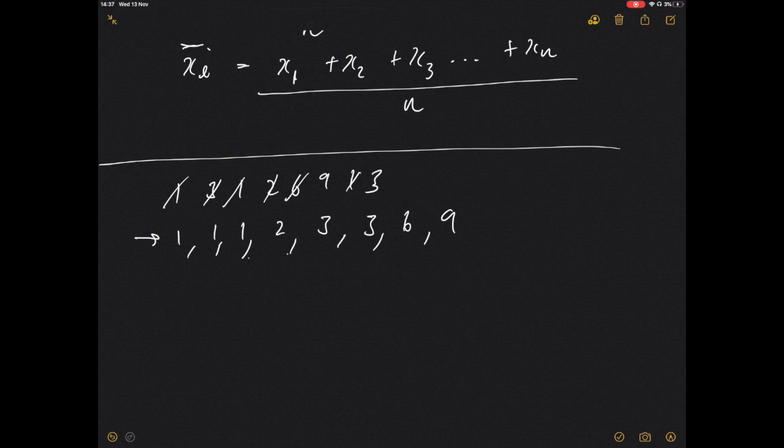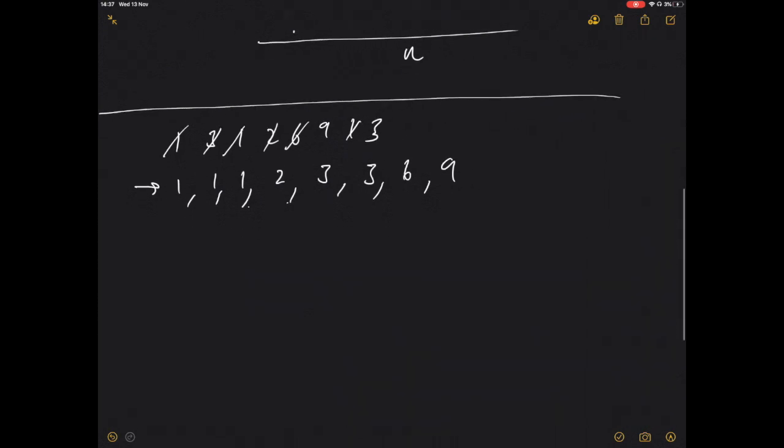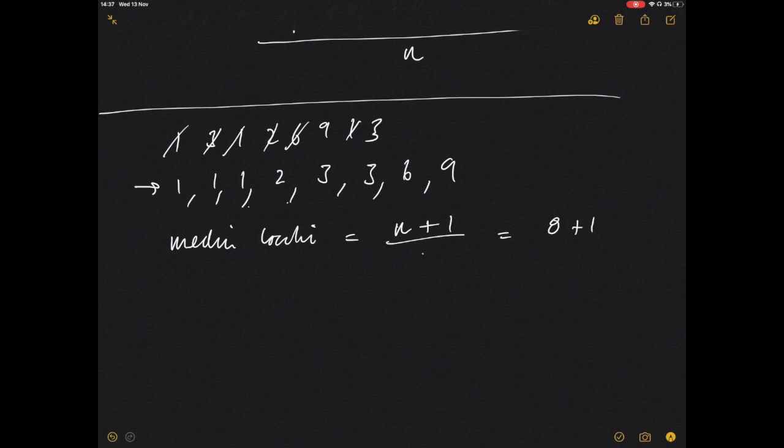If we wanted to find the center value of this, we'd have to ask where our center is. We can use an equation for this, where our median location is equal to n, the number of values, which in this case is 8, plus 1, divided by 2.